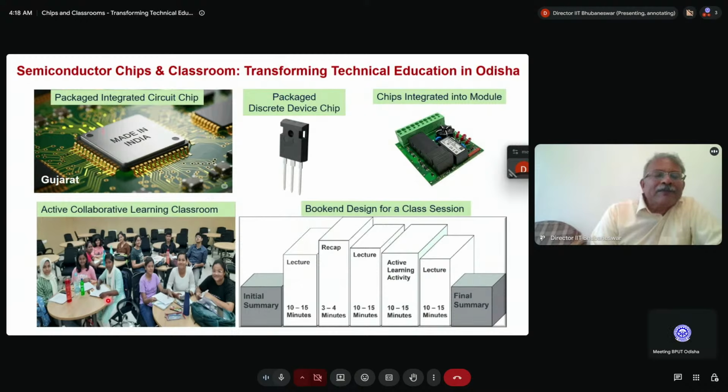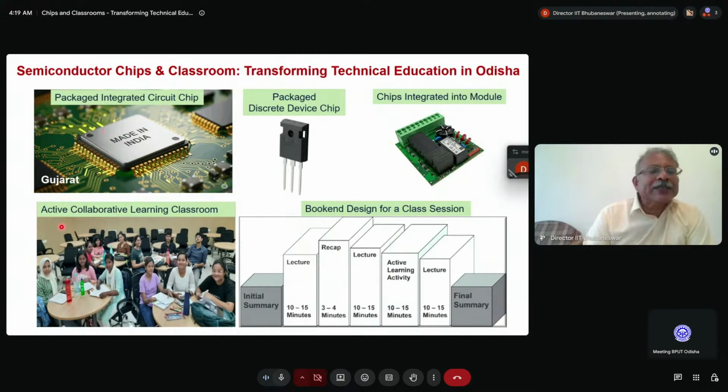What is the advantage of this kind of an arrangement in a classroom? The 3 people here can turn to the teacher when the teacher is lecturing, and when the teacher gives them an activity, they can rearrange themselves facing each other so that they can do a collaborative activity. And they can learn through a collaborative activity.